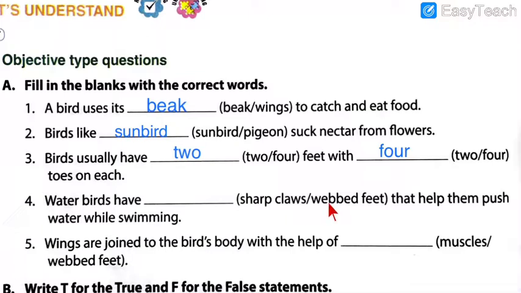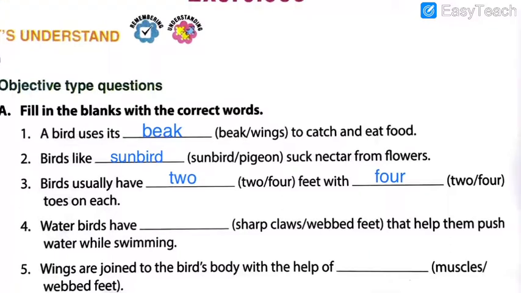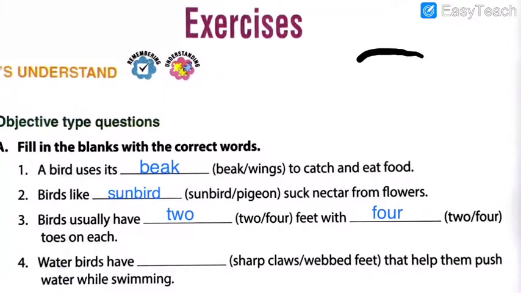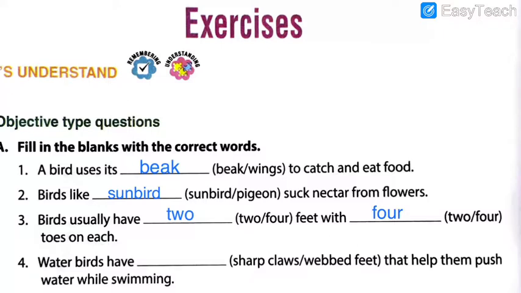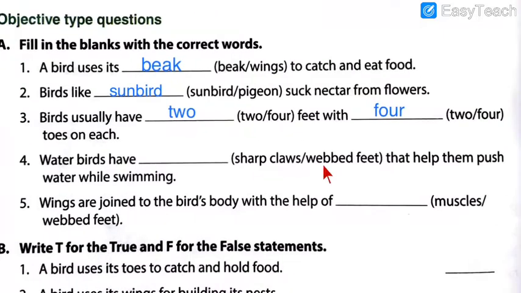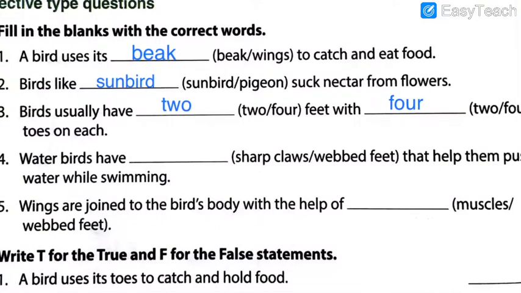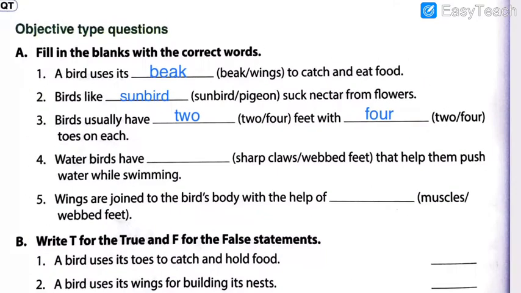No. So, the answer is webbed feet. I already explained to you that webbed feet means, for suppose this is the foot of the bird, here the fingers are joined. So, this is called webbed feet, which help them to swim in the water properly. So, webbed feet is the correct answer. I doubt that my answer will fit here, but I will try to write the answer.